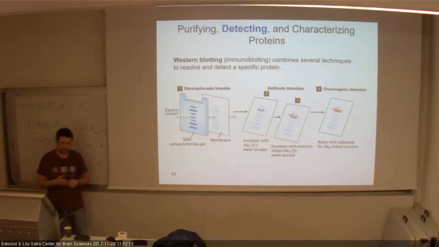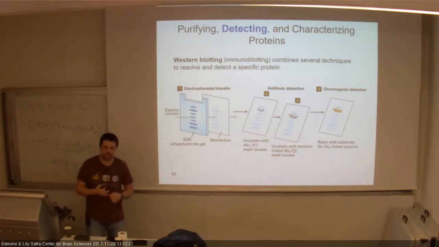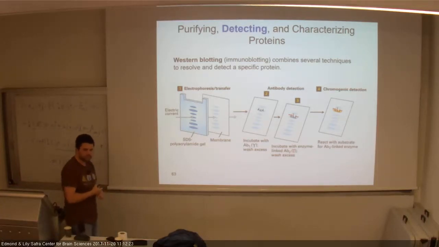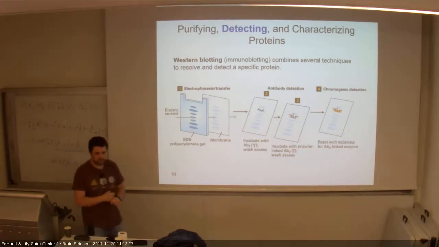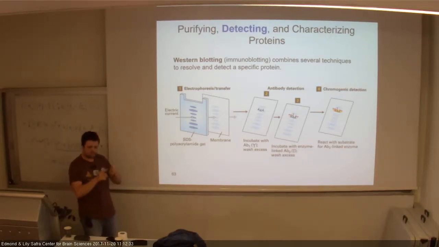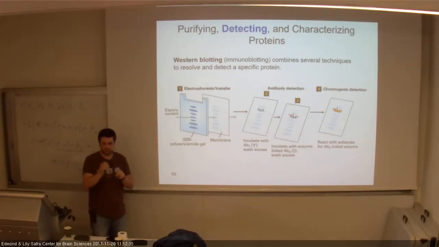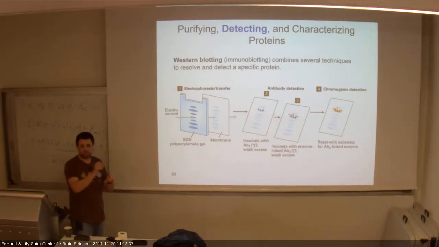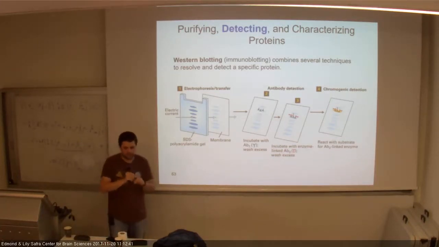Is there a reason why they don't just make the primary antibody also tagged? Yeah, there are actually two good reasons for that. One of them is cost, because if you separate between the two, then you can use a secondary antibody for a lot of primary antibodies. A secondary antibody can detect a lot of primary antibodies.